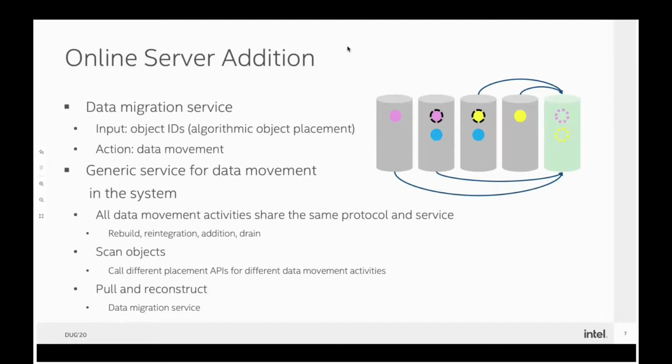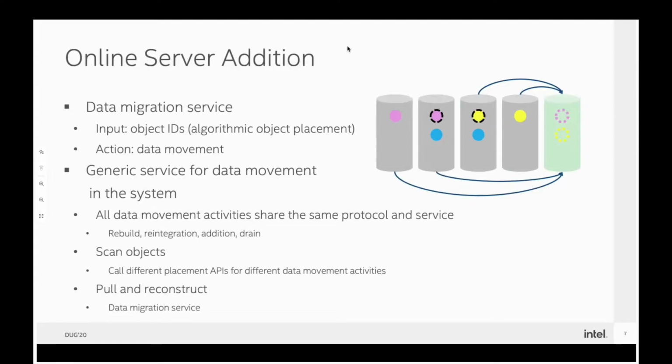This page is a short description about the internal protocol of online server addition. It is actually a unified protocol for all the data migration use cases, including rebuild, drain, reintegration, and rebalancing.